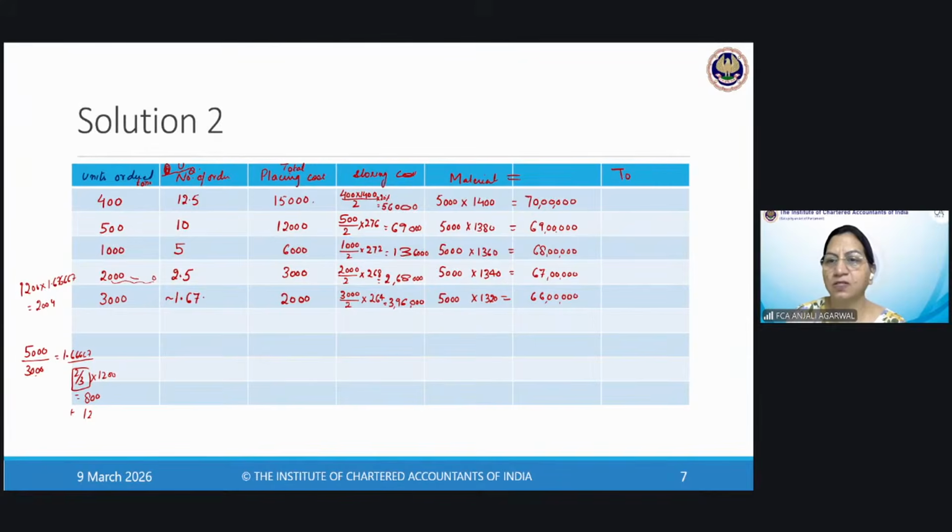Now our total cost will be calculated here, for which you will add column number 3, placing cost, column number 4, total storing cost, and column number 5, the material cost.